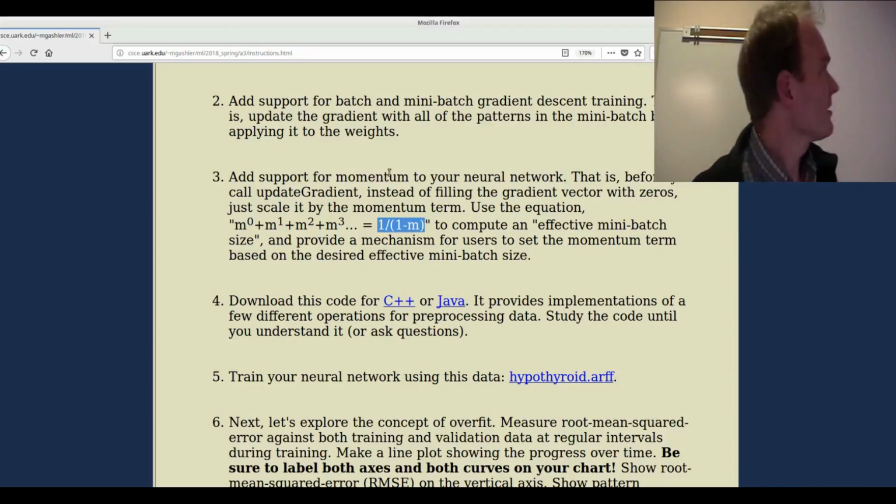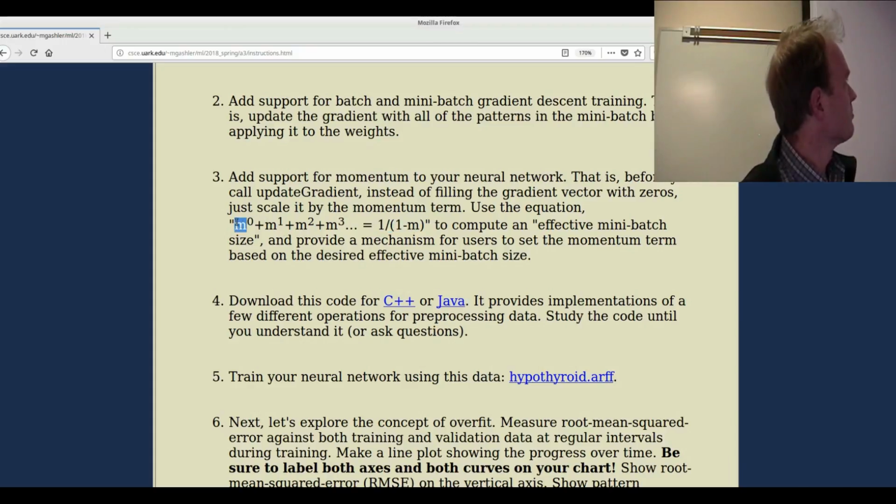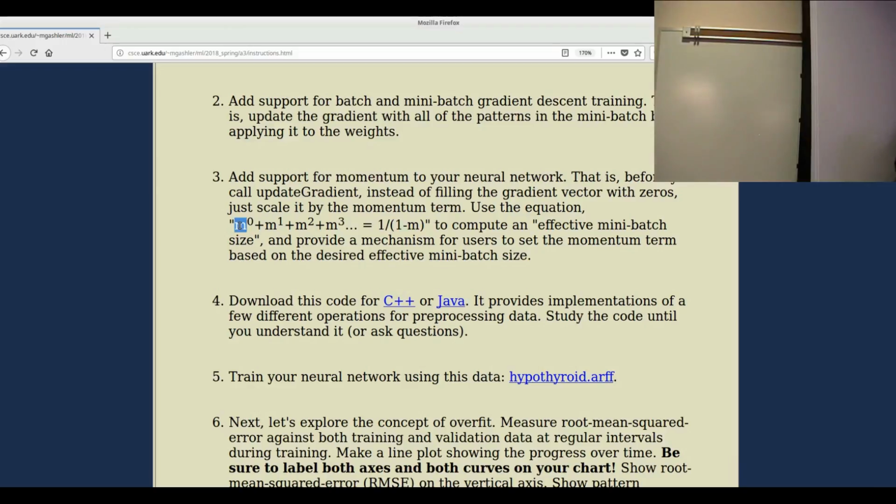And as long as m is reasonably smaller than 1, meaning if m is close to 0 or 0.5 or something like that, it's going to take a pretty small number of iterations before it converges darn close to that value. If m were 0.99999, then it would probably take maybe a few thousand, but eventually it would get right to the number that this thing computes. Okay.